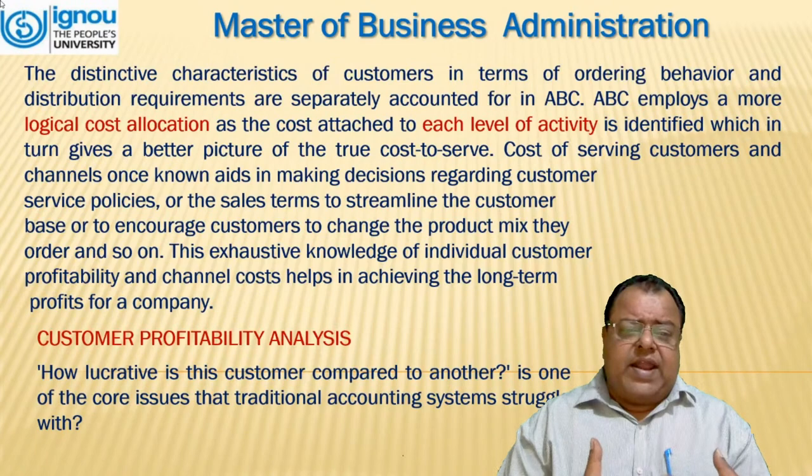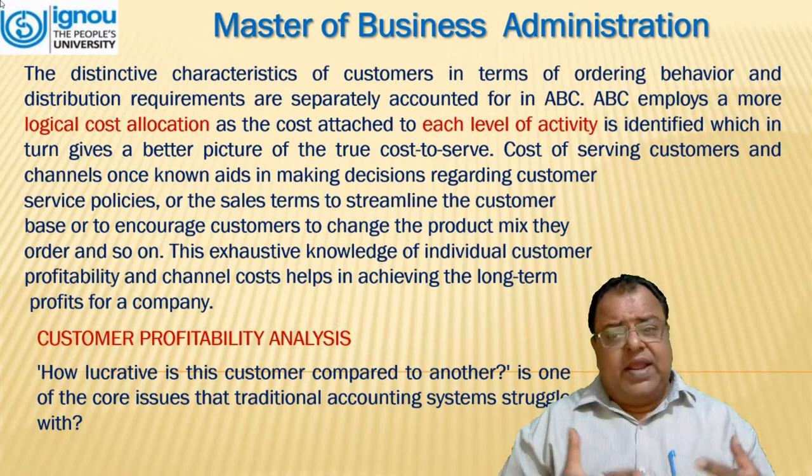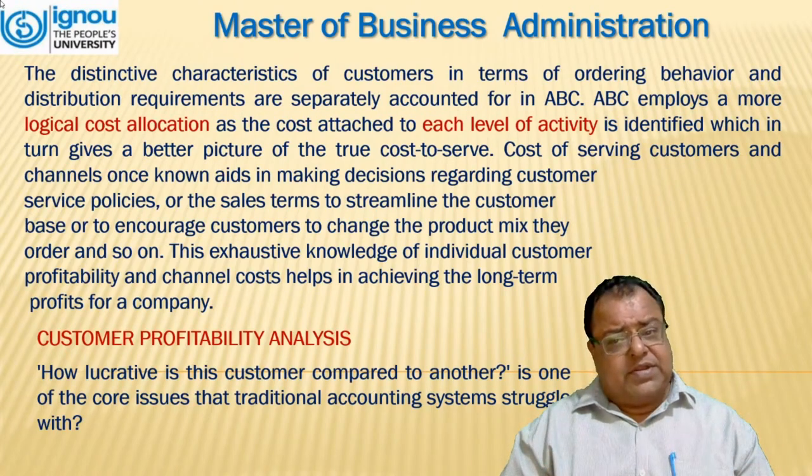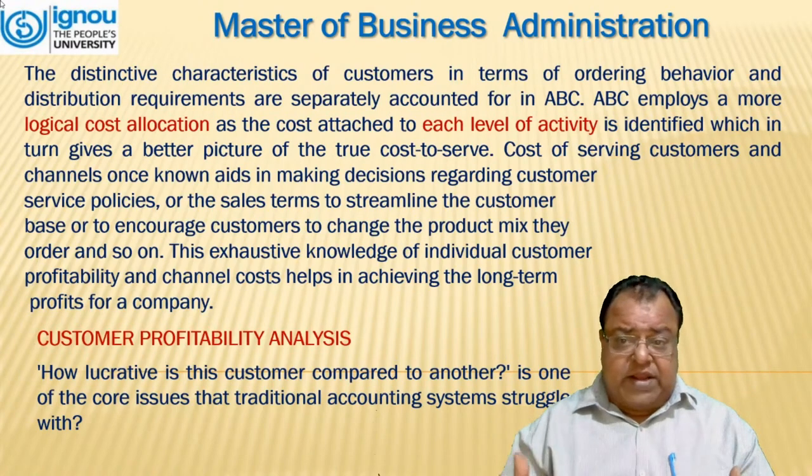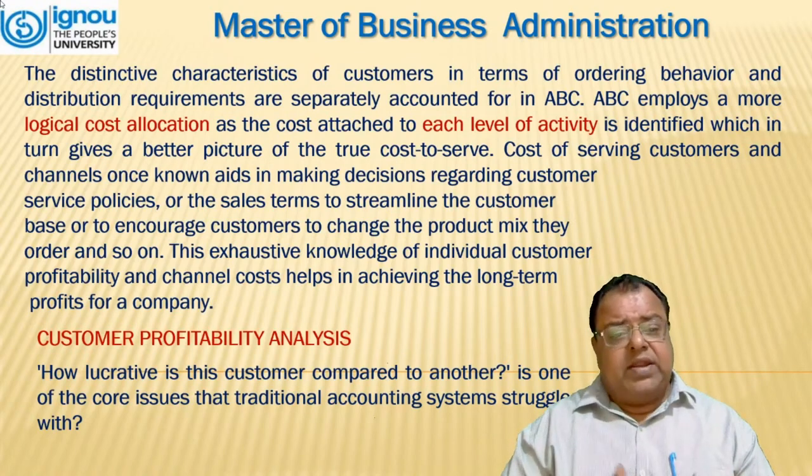The distinctive characteristics of customers in terms of ordering behavior and distribution requirements are separately accounted for in ABC. ABC employs a more logical cost allocation, as the cost attached to each level of activity is identified, which in turn gives a better picture of the true cost to serve.